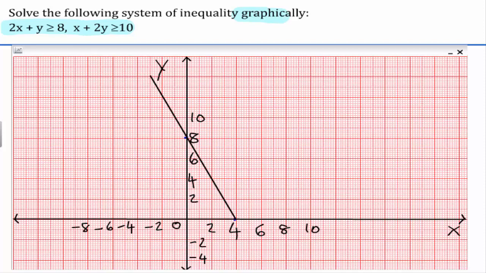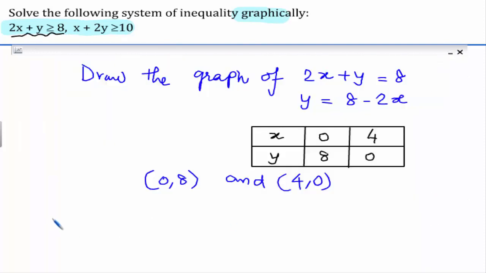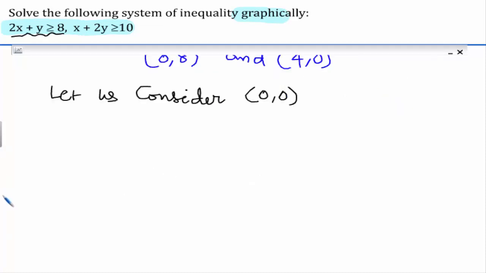Here is the line. Now the line is dividing the plane into 2 equal parts. Now we have to select which part is representing this inequality solution. So the line is not passing through the origin. Therefore, let us consider the origin as an arbitrary point and substitute into the inequality.